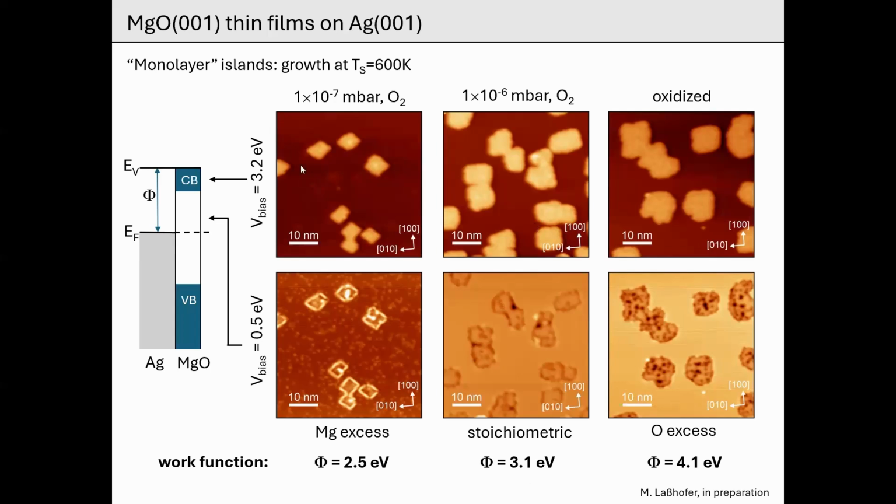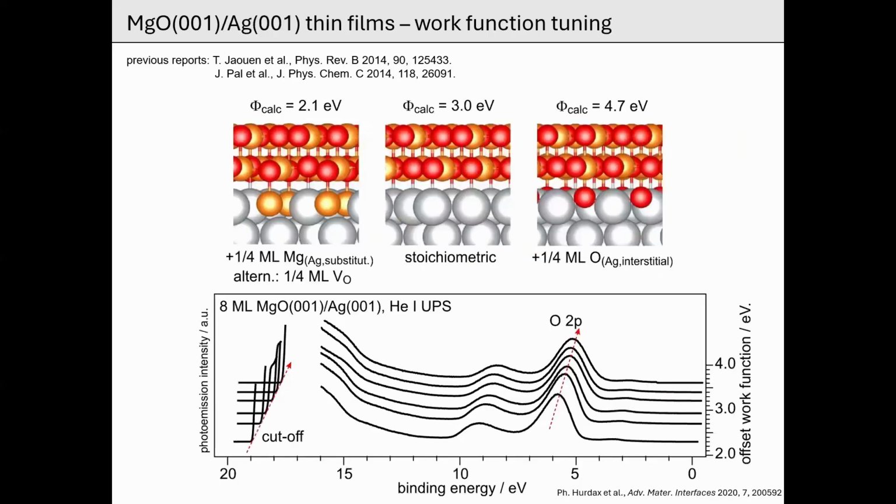And if we oxidize this at a higher oxygen pressure, we go back to a normal morphology, and you see these dark spots now appearing, and these dark spots are oxygen atoms at the magnesium oxide silver interface. And this leads to a work function increase, so 4.1. So we have a large range of work function that we can probe with these magnesium oxide thin films on silver, depending on our preparation conditions. And this is actually backed up by DFT calculations.